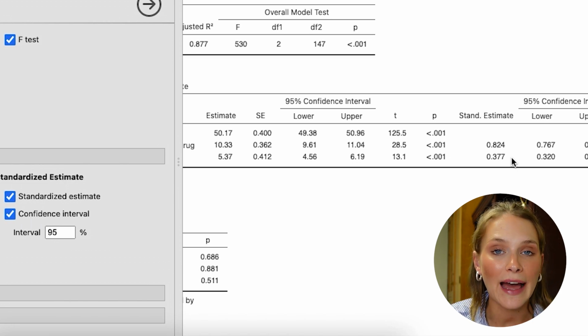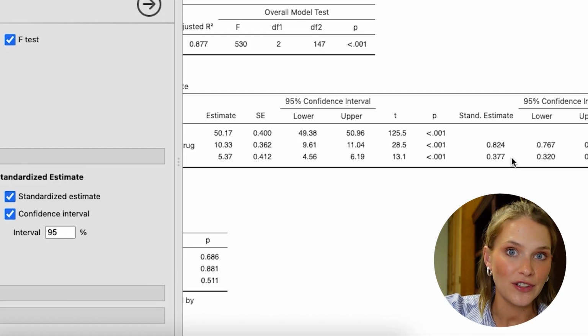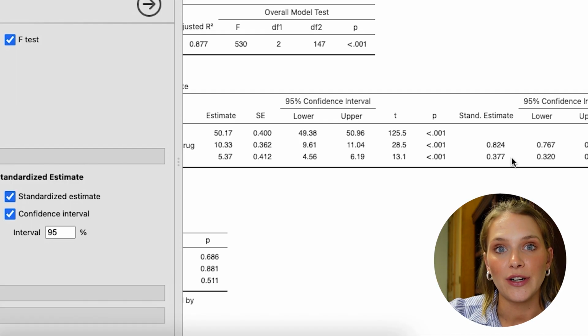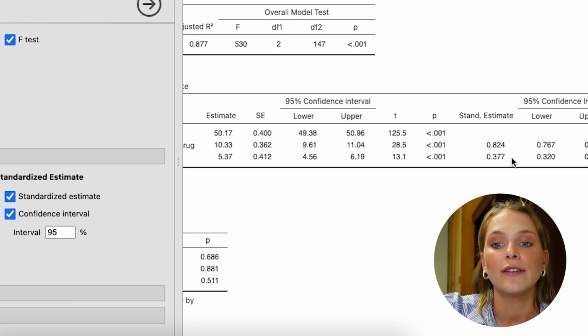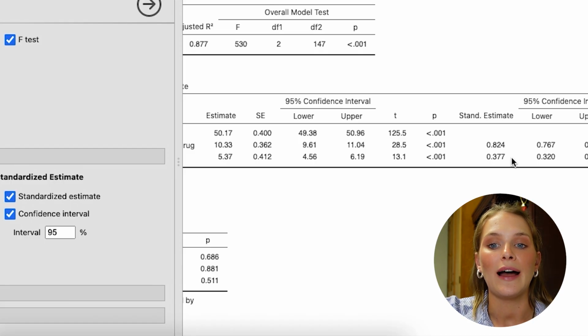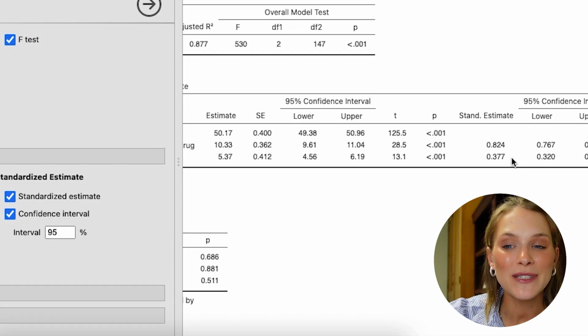And we multiply that by x, which is the predictor, the number of dosages of that drug. And then we would add our next predictor in. So our next predictor is room temperature manipulation. So the slope for that is 5.37, which we would multiply by whatever the additional manipulation is for that room temperature.